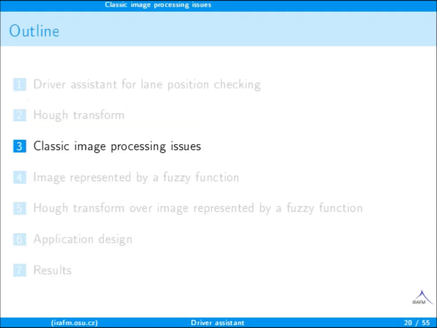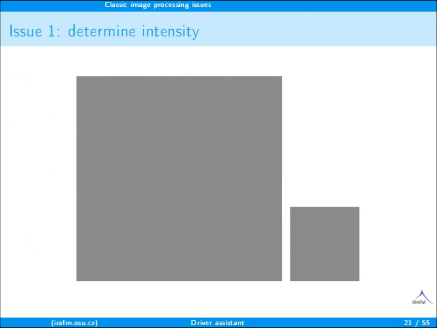The point is that the shown image has some issues. I will show 2 of them. The first issue is how to determine the intensity of a homogeneous area. The known fact is that the rectangle on the right side has intensity 140. The question is, what intensity has the rectangle on the left side? If you look at the images from a far distance, they will look the same.